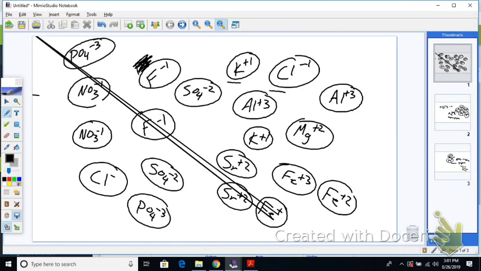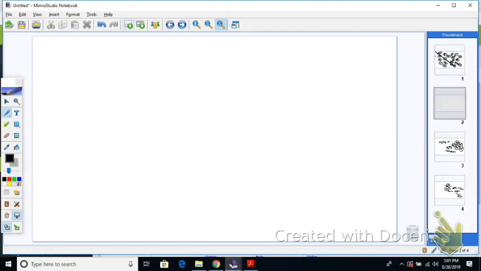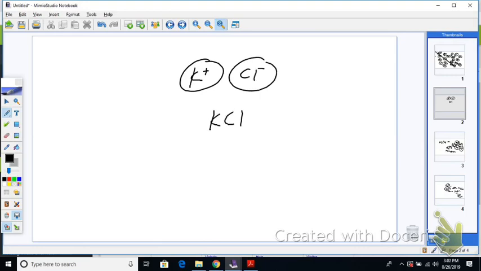Well, we already know that they equal out, and so it's going to be just KCl. So that would be KCl, one of each. And how would you name that?